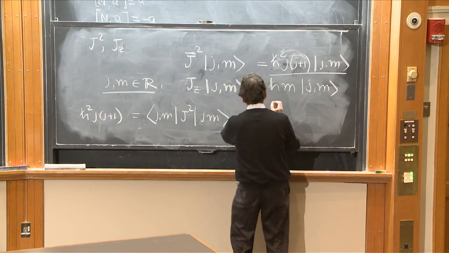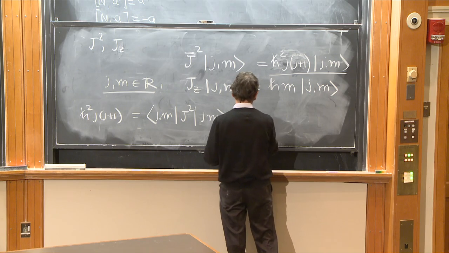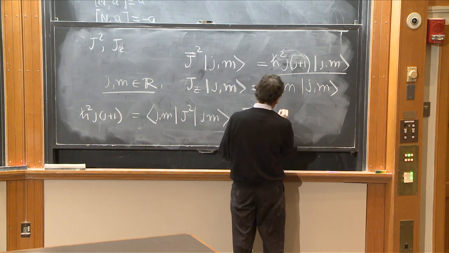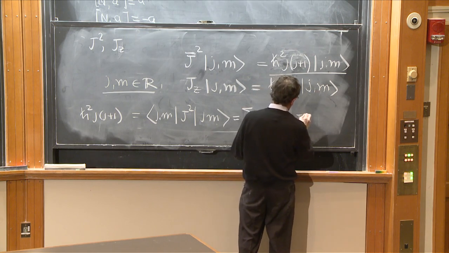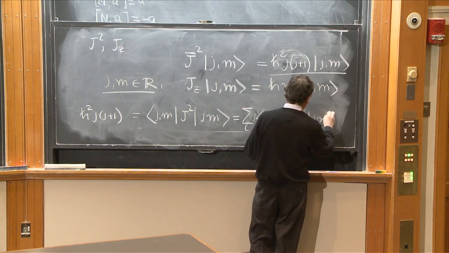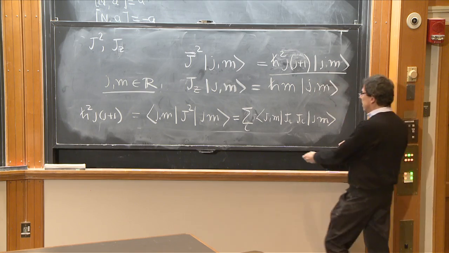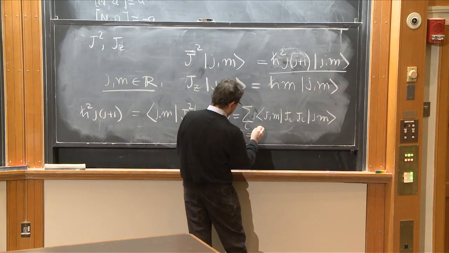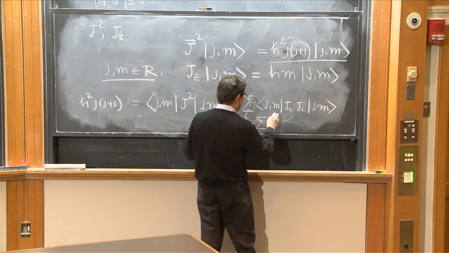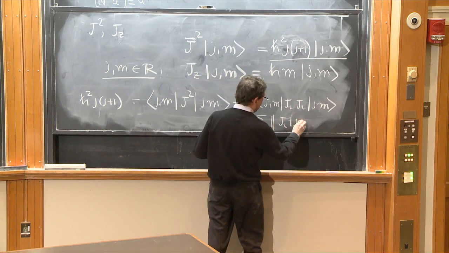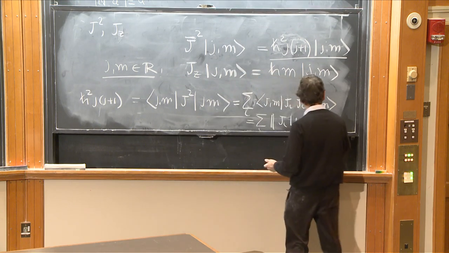Jm, sum over i, Jm, Ji, Ji, Jm. But since Ji is Hermitian, this is nothing but the sum over i of the norm squared of Ji acting on Jm.